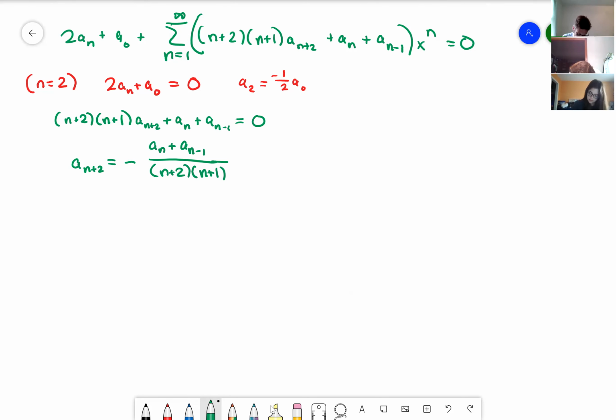Right? And now what happens? Well, let's do that final rewriting step. A n equals negative a n minus 2 plus a n minus 3, over n times n minus 1.